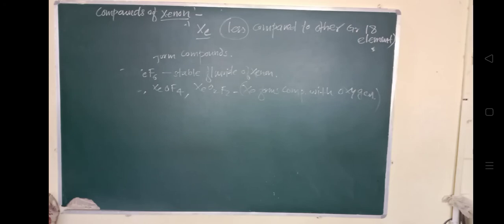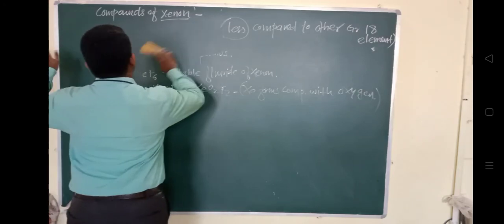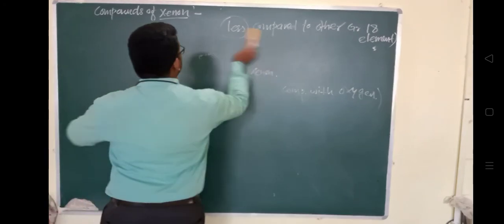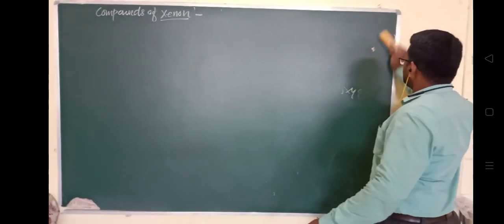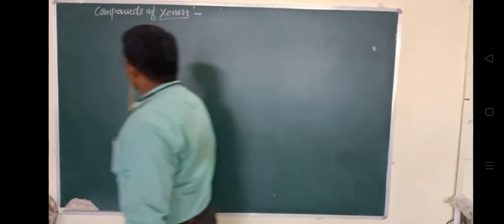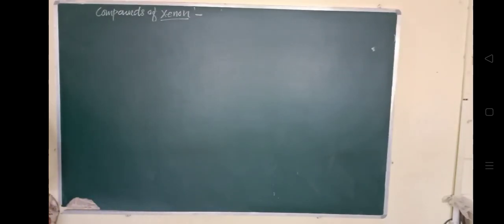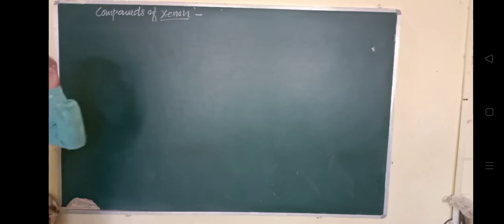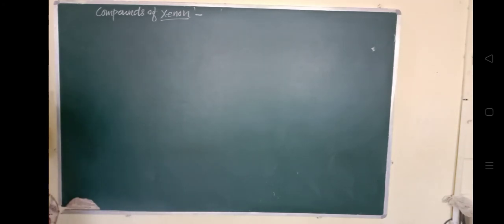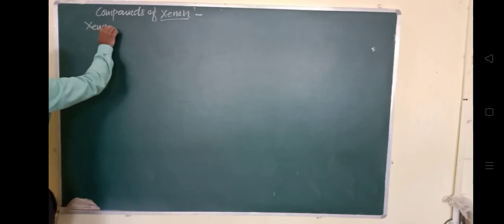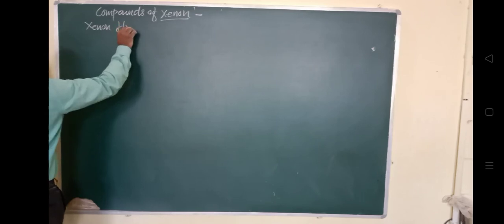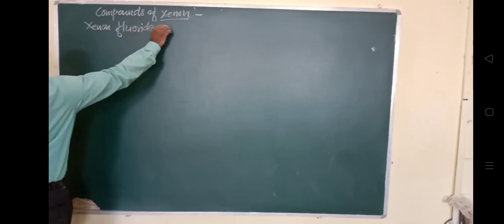The compound is xenon fluoride. So we'll see first the preparation of xenon fluoride. xenon fluoride को कैसे prepare किया जाता है वो देखेंगे पहले. So xenon fluorides are generally prepared by direct reaction.